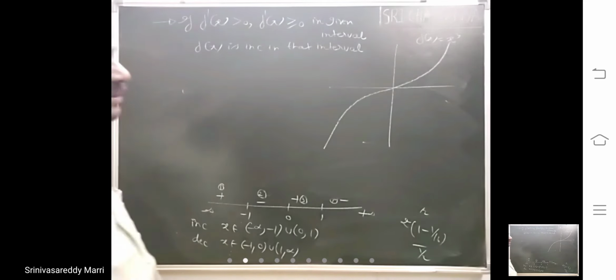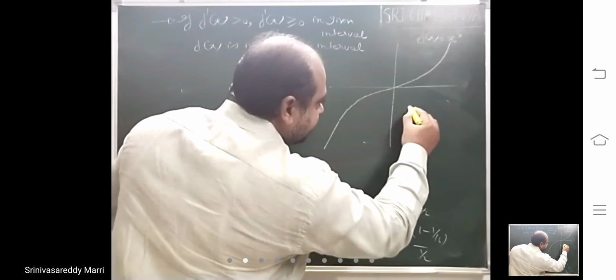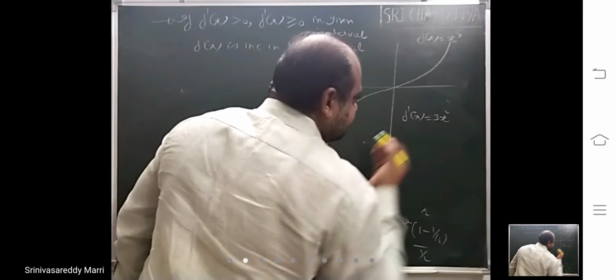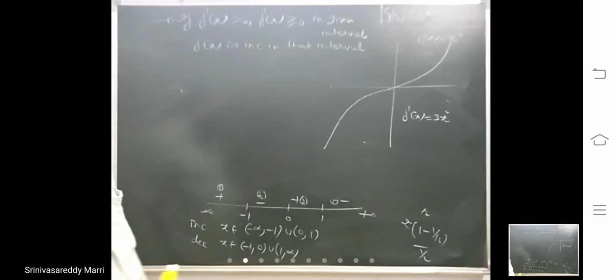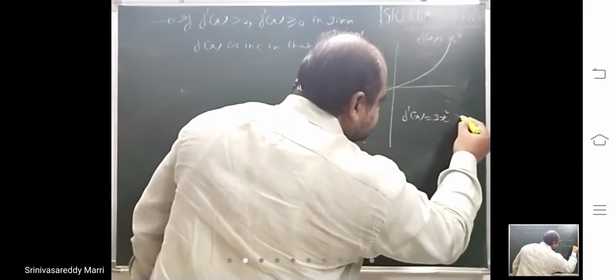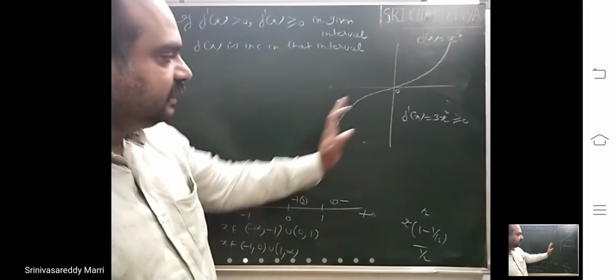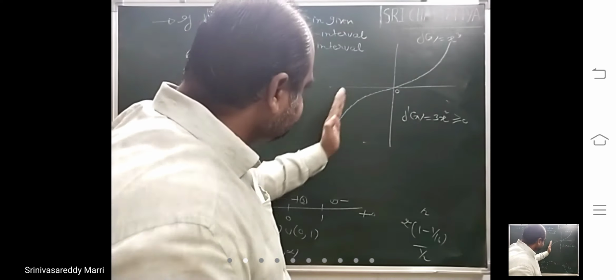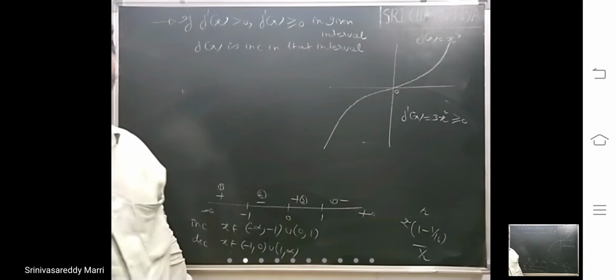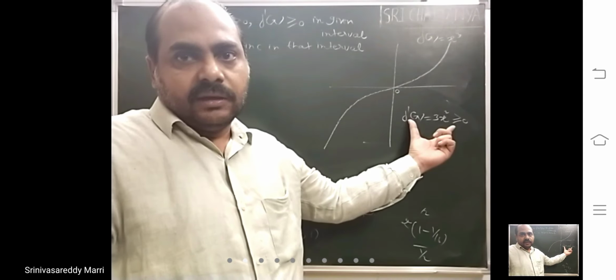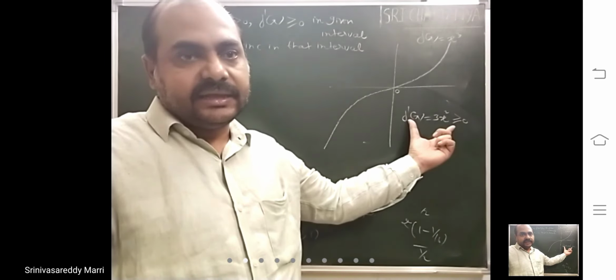So you can write the derivative: f dash x is 3x square. It is always greater than or equal to 0. The derivative will be 0 at x equal to 0. But from the graph, it is always increasing. That means for this function the derivative is greater than or equal to 0.